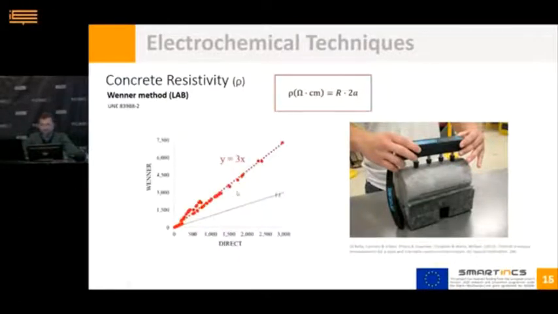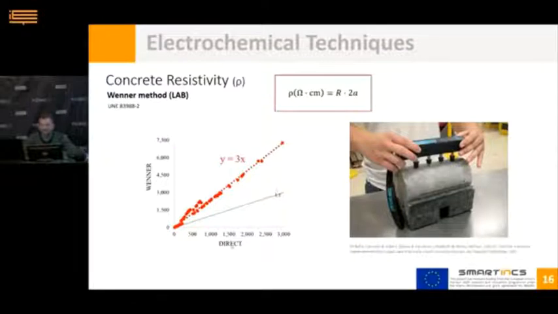With this method, a surface resistivity measurement is obtained with closely correlated values, although generally higher, as you can see, with respect to the bulk electrical resistivity obtained by the direct method, the previous one.